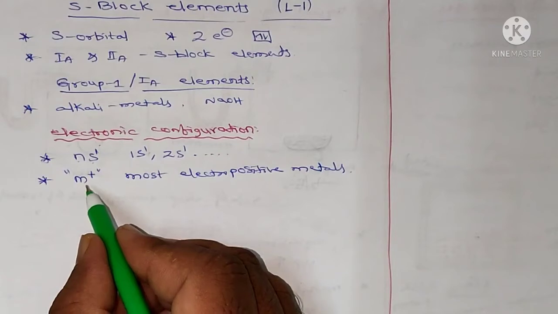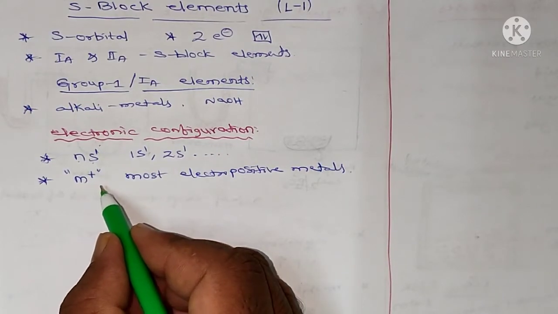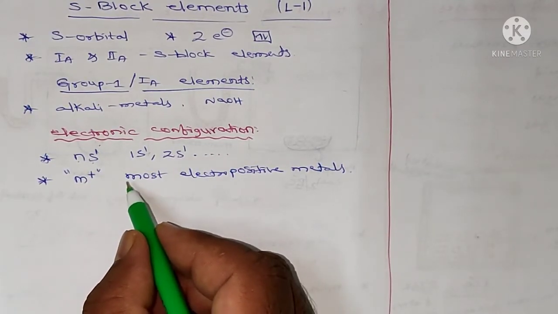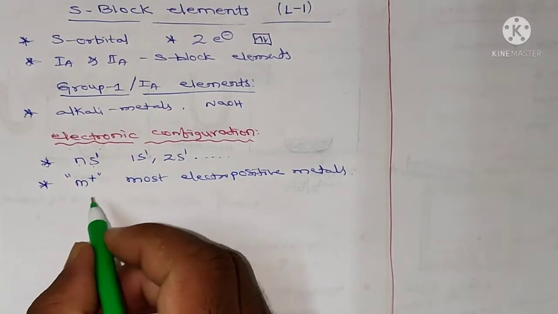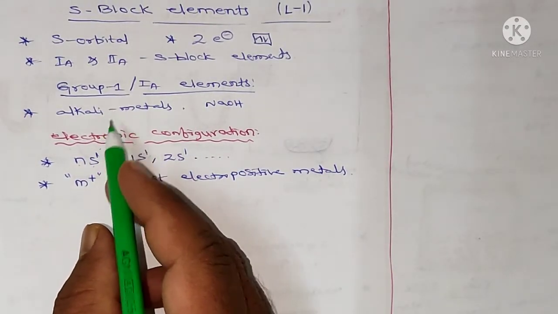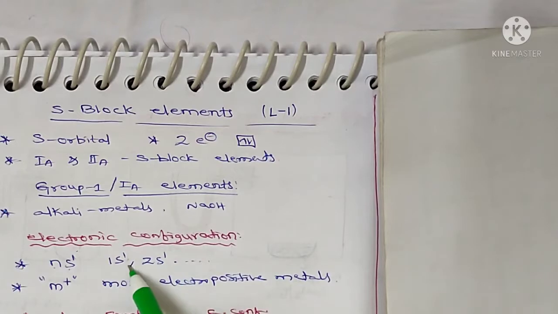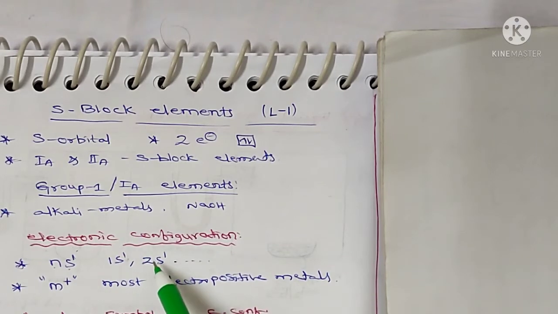For example, sodium can form Na+ and potassium can form K+. Here, let me take the first group elements. The 1s1 is the outermost electronic configuration of hydrogen, and 2s1 is that of lithium.